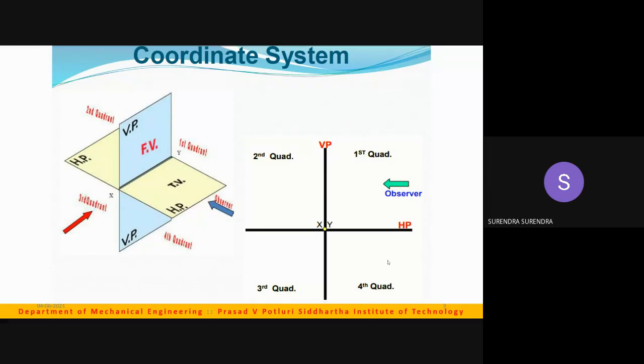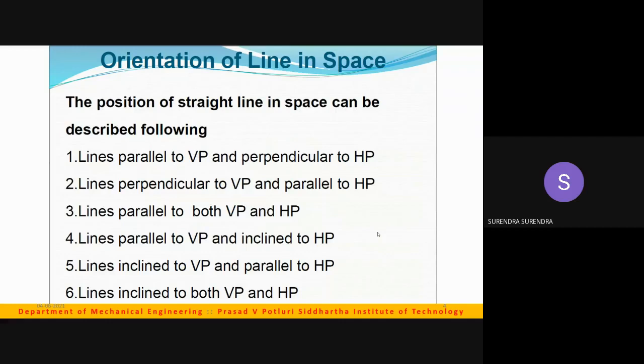So we already discussed this coordinate system, and the line in space can be in these different positions. A line in space can be placed in these different positions. First, line parallel to VP and perpendicular to HP.